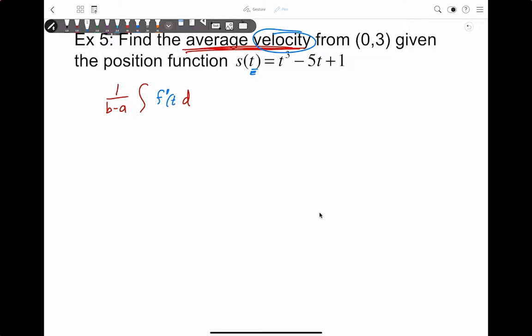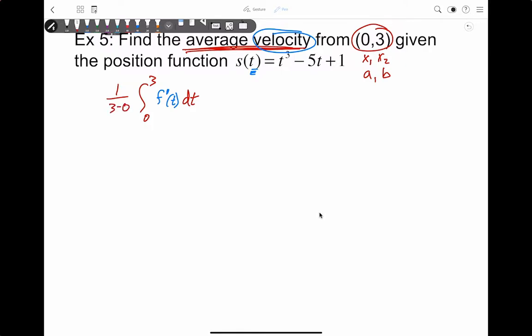So it'd be f prime of t dt, and it's from 0 to 3. We're talking about an x1 to an x2, otherwise the a value to the b value, so from low to high. Let's start inputting these values. My b value is 3, and my a value would be 0. All right, so this is my initial setup.